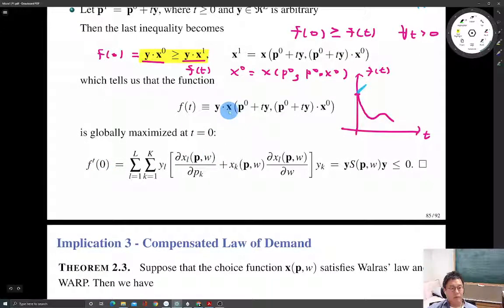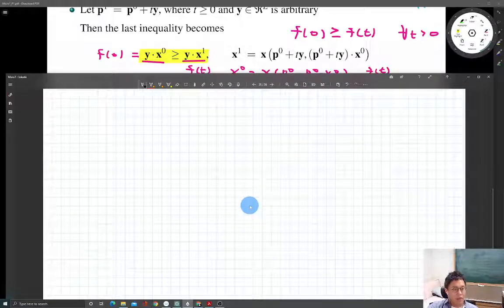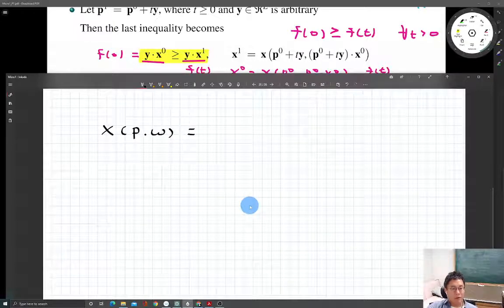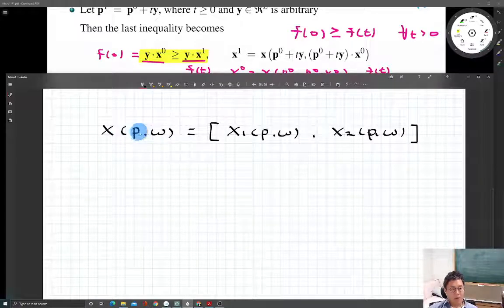But this function is vector valued and a multivariate function, meaning that in the case of two commodities, x of p and w is vector valued. So we have a two-tuple vector. It tells us what is the demand for good 1 and what is the demand for good 2. And this function also depends on multiple variables, because the price vector p is p1 and p2.